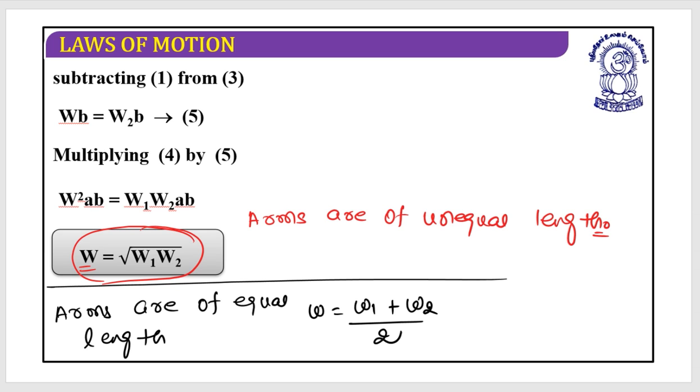And when the arms are of unequal length, the true weight can be calculated as the root of W1 into W2. Is it clear? Any doubts? Any issue in this? No? Okay, great.